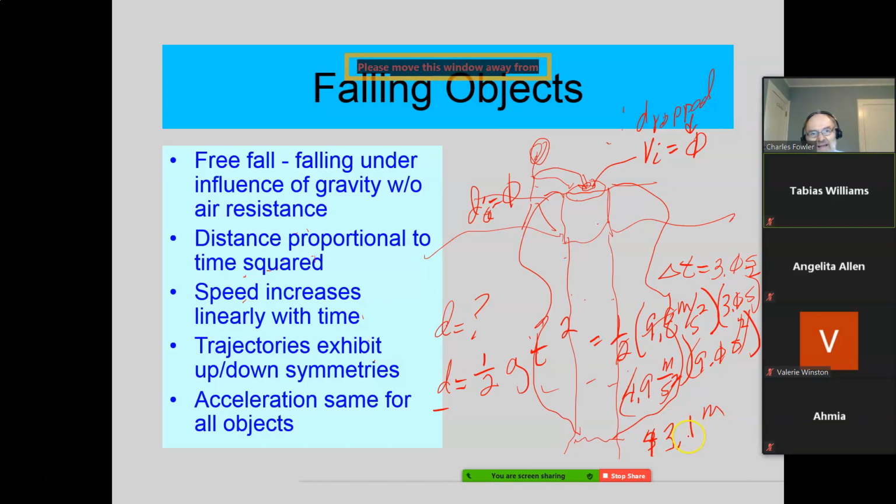Now hold on a moment here. Our speed was given to 2 digits. Time was given to 2 digits. We only used 2 digits in our acceleration, so we can only do 2 digits here. So this is about 43 meters.